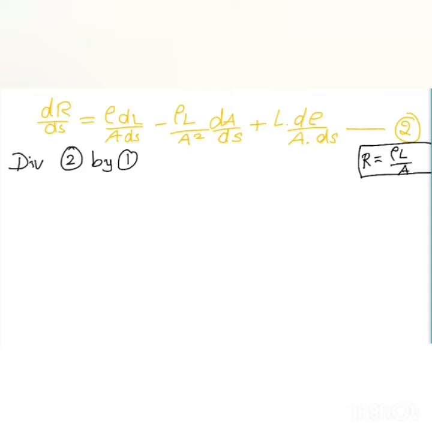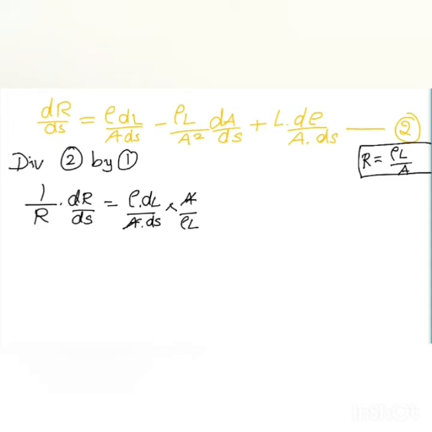Now we are going to divide equation number 2 by 1. If I divide it, 1 by R into dR by dS is equal to rho into dL by A into dS, into, since we are dividing, A by rho L. Dividing means this will go to the bottom and this will go to the top.